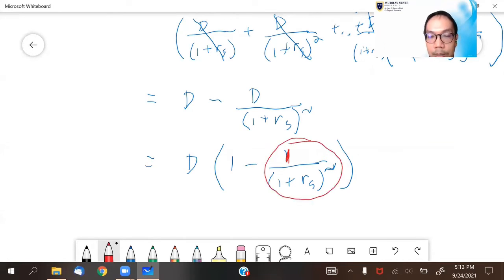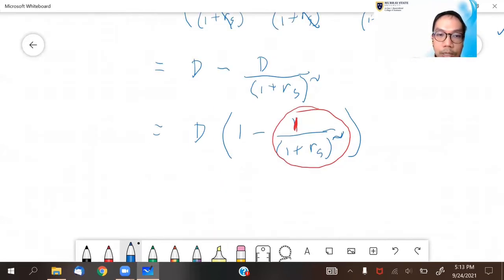A number divided by a larger and larger number will approach 0. So you could write it this way: the constant dividend multiplied by 1 minus 0, or the constant dividend itself.